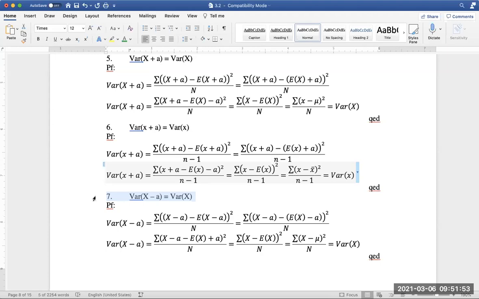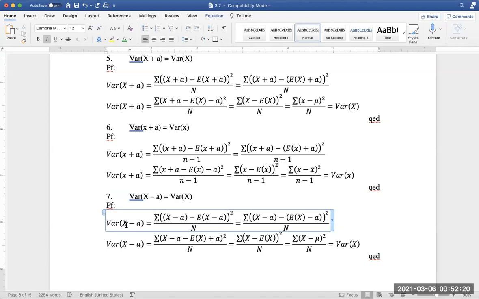And remember that adding the opposite is the same as subtracting. And so I could just use property 5 to show this directly. But let me prove it anyway without using property 5.